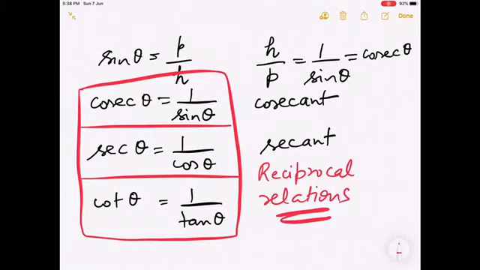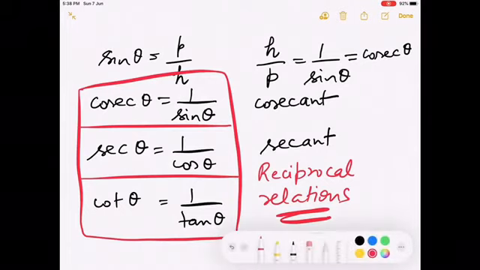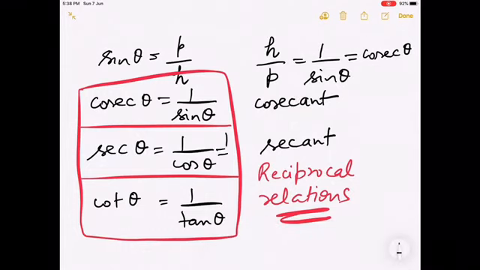And since we know cos is base upon hypotenuse, if we needed to write down sec, then sec will become hypotenuse upon base, and same way cot will become base upon perpendicular. So these are the formulae for sec theta and cot theta.